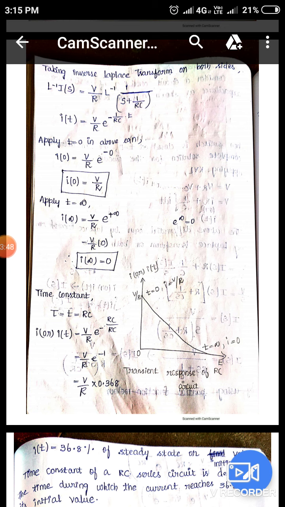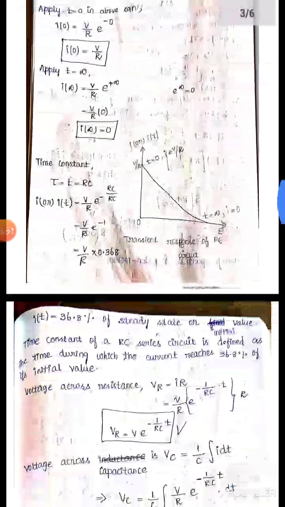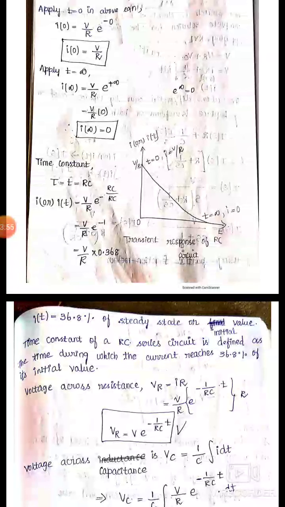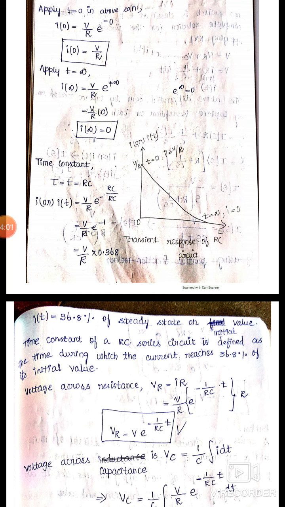The e power minus 1 value is 0.368. Therefore i of t is equal to V by R into 0.368. That means i of t is 36.8% of the steady state or the initial value.